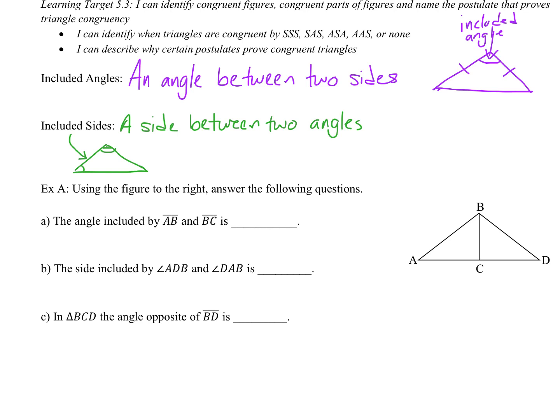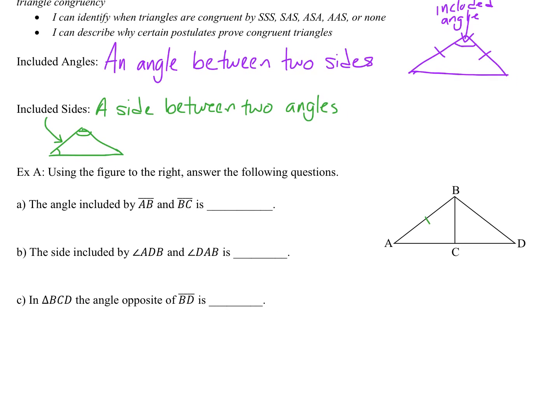Here's AB, so I'm just going to put a little mark. I don't necessarily know they're congruent, but I'm going to pay attention to them. And then I've got BC. What's the angle that's included in those two sides? ABC, good. It's that one because it's the one being created by those two sides. So we're going to say angle ABC.